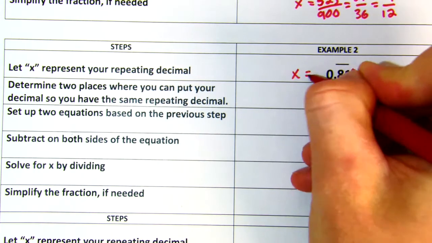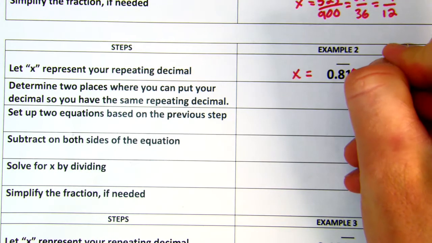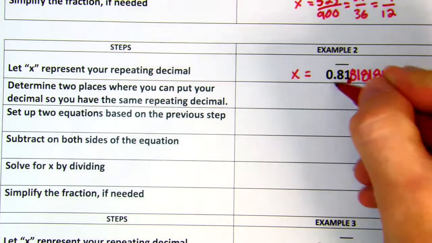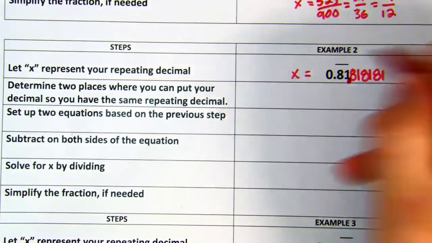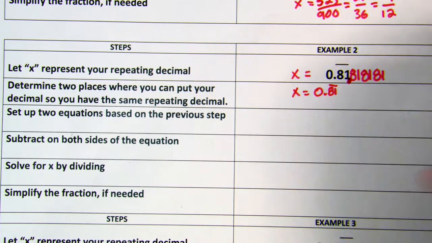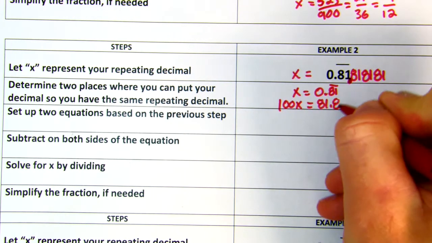This is equal to x, and it's already there, so the decimal's before the repetition starts. So one of them is already done for me. The second one, I need 81.81 repeating, so I'm going to have to multiply by 100. So my two equations are x equals 0.81 repeating, and 100x equals 81.81 repeating.